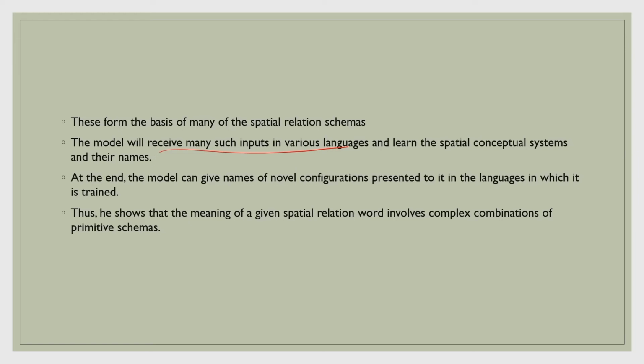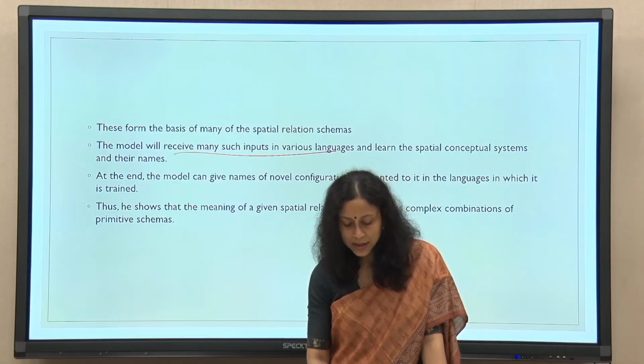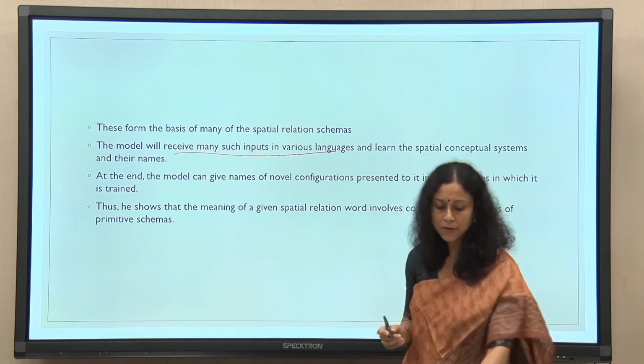Ultimately it learned the spatial conceptual systems and their names. Then the model was exposed to new, novel configurations of objects and spatial arrangements, and the system gave out the correct names. So, there was input data, there was training data, and then there was test data on which the model was tested, and the model successfully gave out all the names.